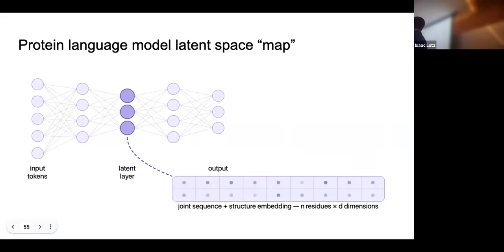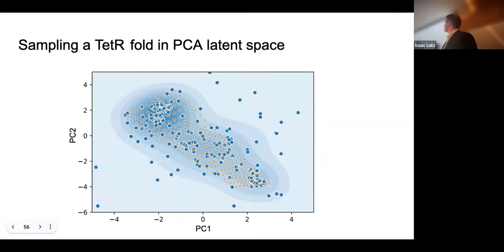The information contained within this latent space covers jointly both the sequence and the structure of the protein. It has relational information in terms of where it would be next to other proteins, and those distances mean something. And there's also an implicit encoding of function here, because you have sequence and structure, which we know confers function. And so we use this as the map.